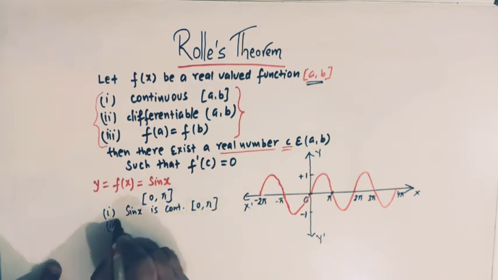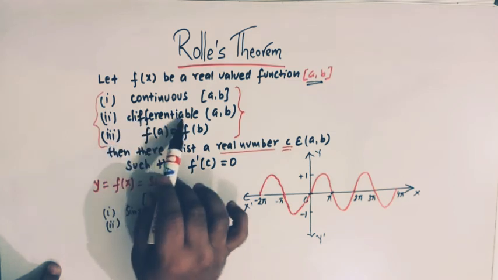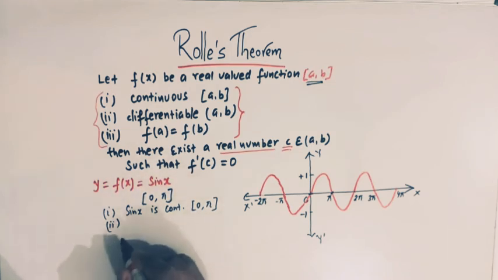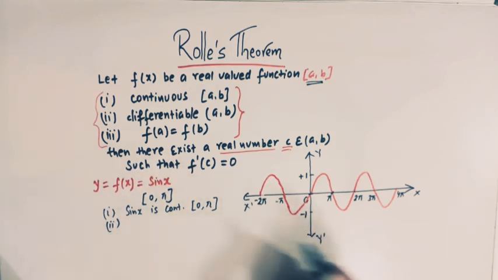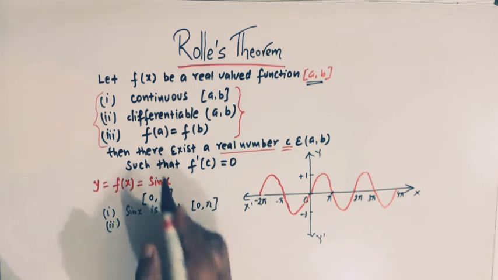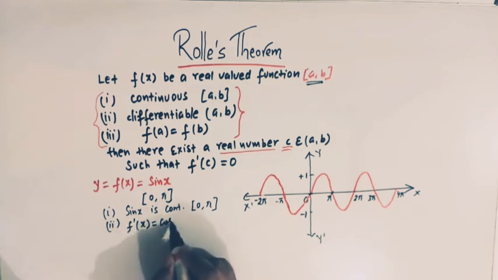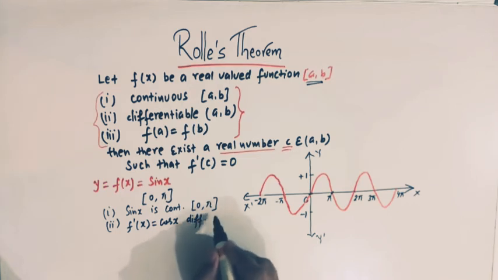The second condition is that the function should be differentiable in the open interval (a, b). We know that the sine function is differentiable, and the derivative of sin x is f'(x) = cos x, so the function is differentiable in the interval 0 to pi.